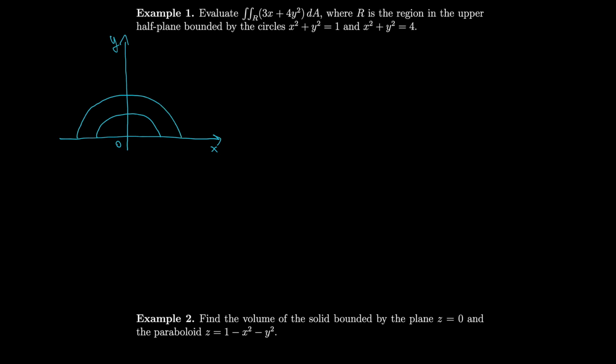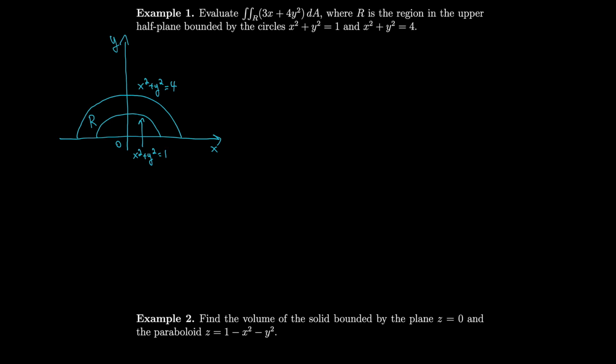Okay, and we will label this R. That's all of this over here in between these two guys. And the bottom, remember, is x squared plus y squared equals 1. And my top one is x squared plus y squared equals 4.